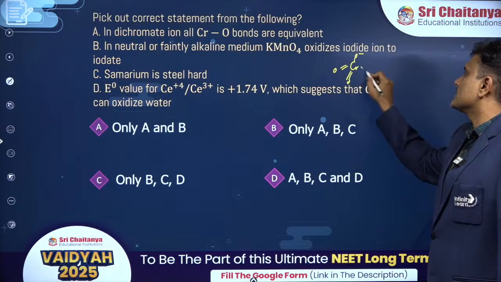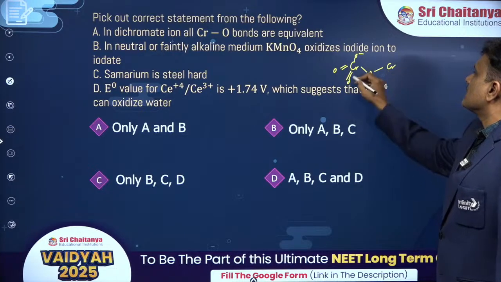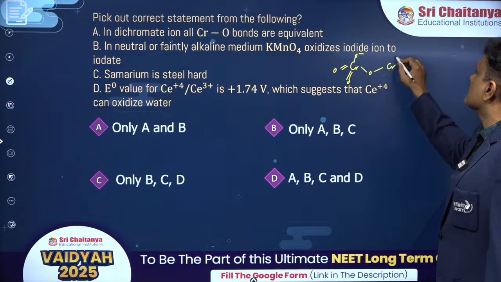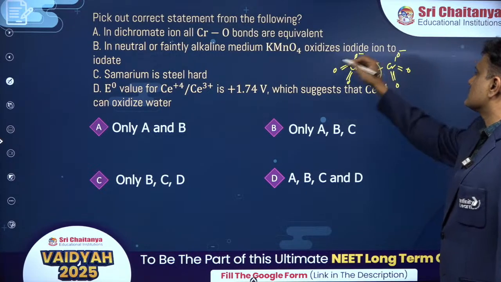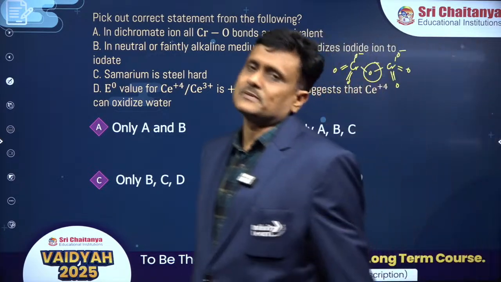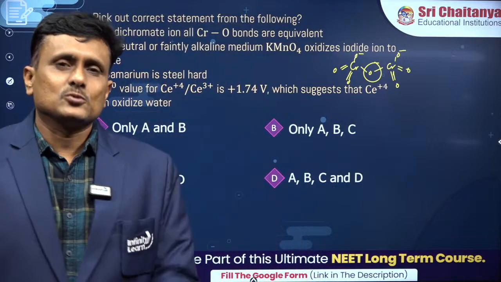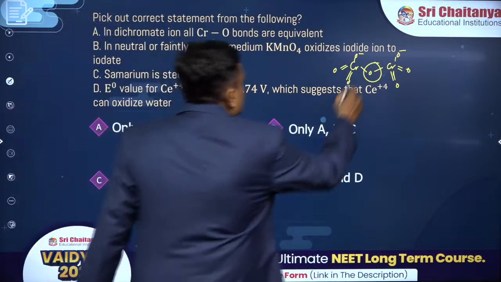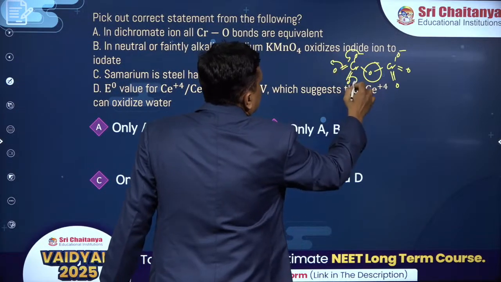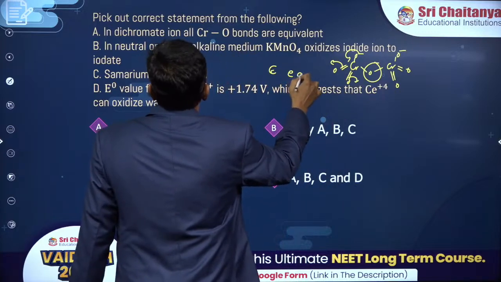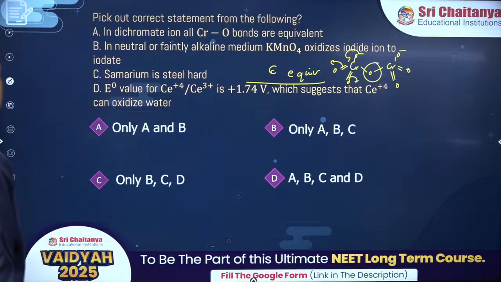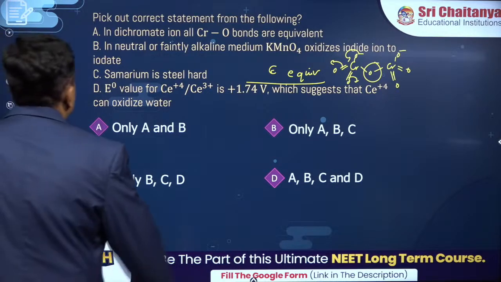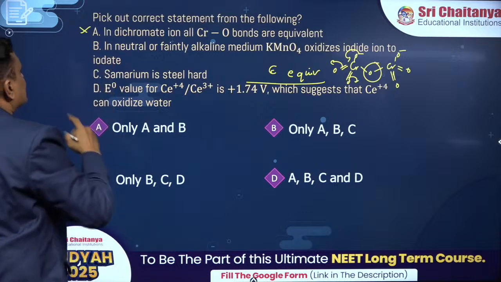They can't all be equivalent because the middle oxygen is different, as it is bridged between the 2 chromiums. The rest of the 6 are equivalent because they undergo resonance. So 6 are equivalent, not all are equivalent. So it cannot be correct. Yes, this cannot be correct.